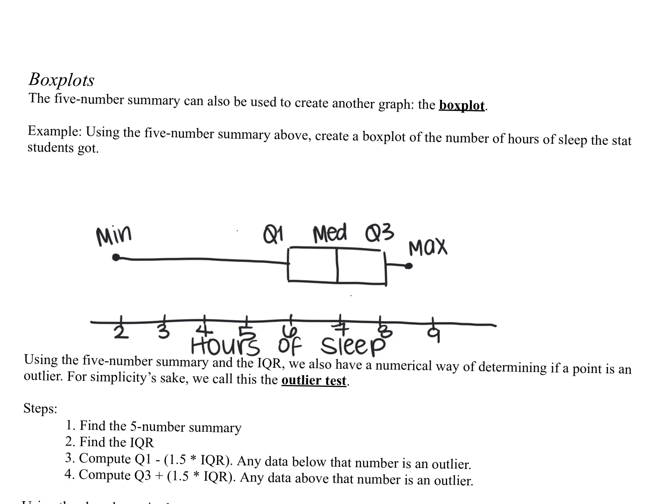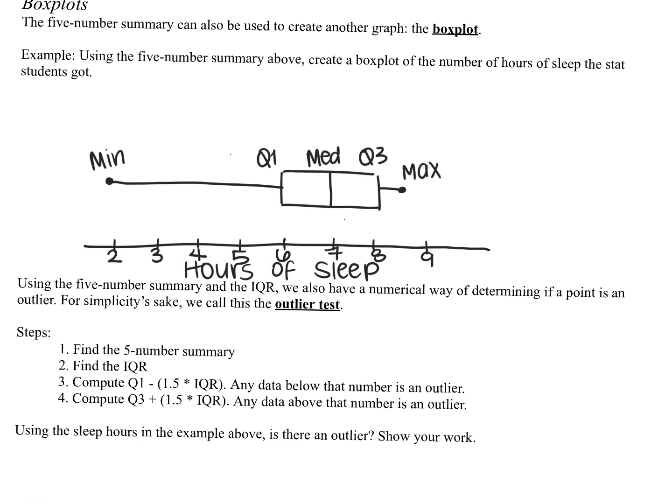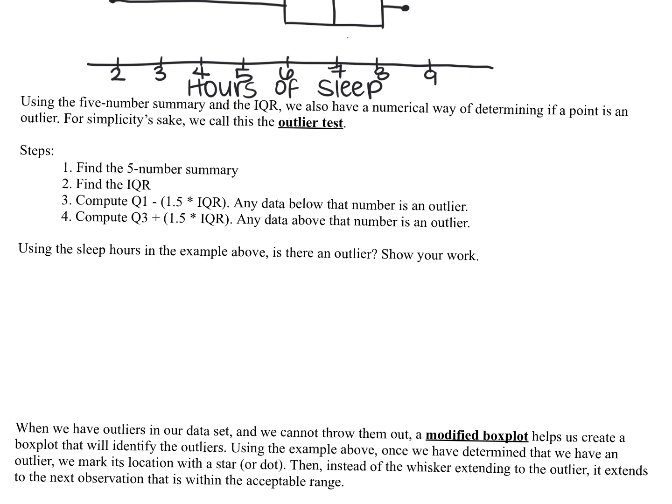So we've talked about outliers so far. We've talked about how to look at the graph to see an outlier, but there is a mathematical test using our IQR and our quartiles that allows us to determine if there is an outlier or not. It's called the outlier test.